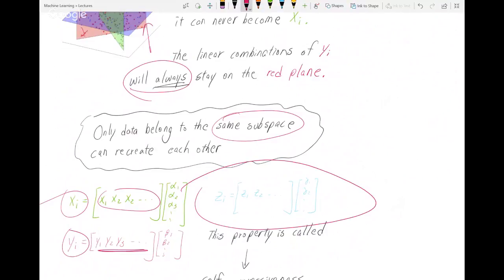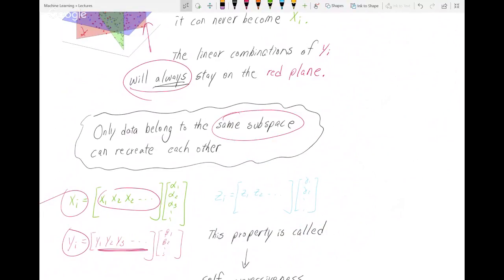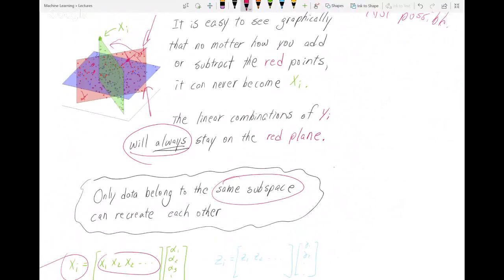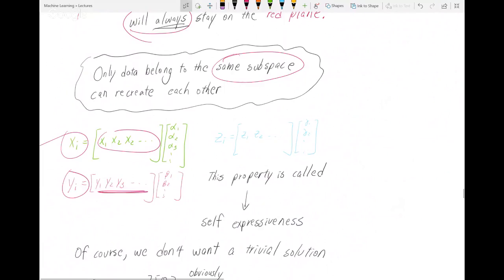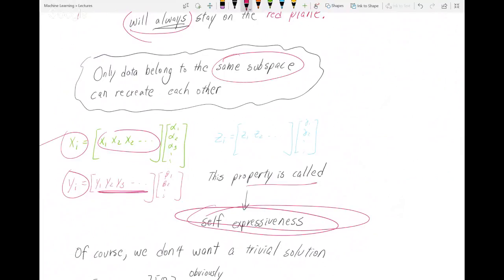So with x, y, and z, each point can only be reconstructed by other points on the same plane. This property is called self-expression. You can express yourself, I guess, through yourself. Well, that doesn't make sense.